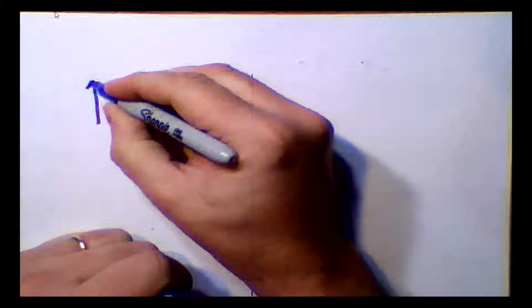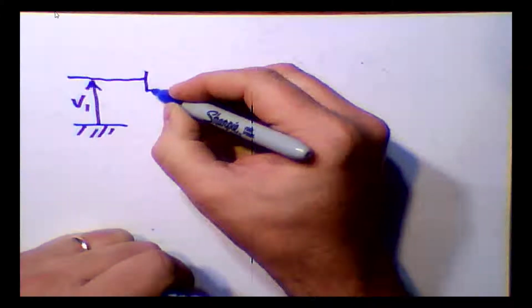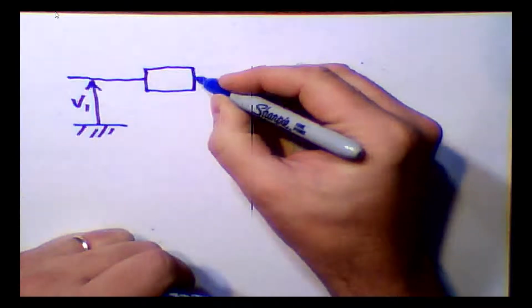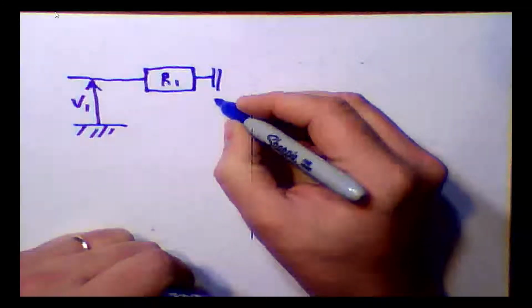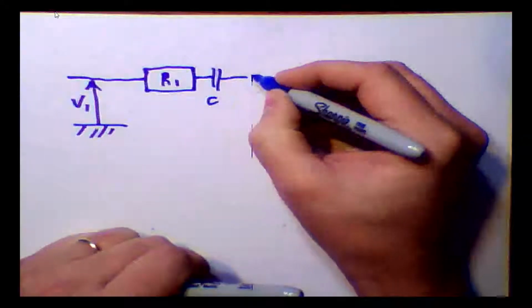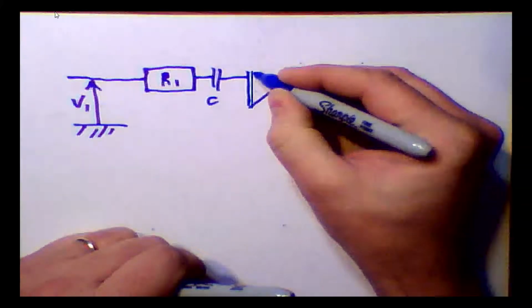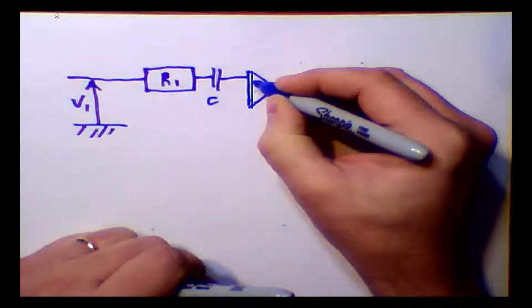So the next element that we will study, and I will not claim what it is at the beginning since I don't seem to be able to do so, is as follows. We'll take the input V1, we will ground it, we'll hook it to a resistor R1 and to a capacitor C, and then we will do the same thing as before.